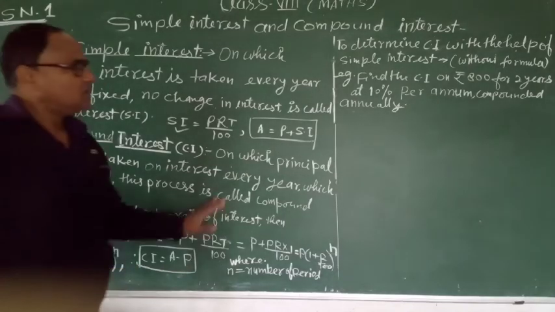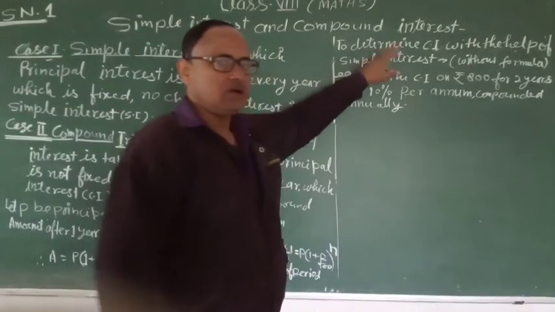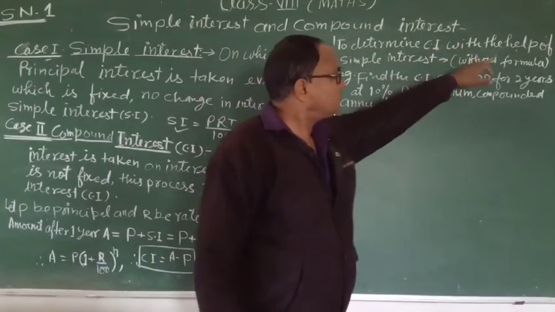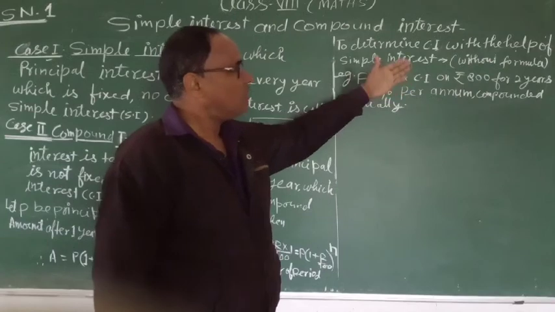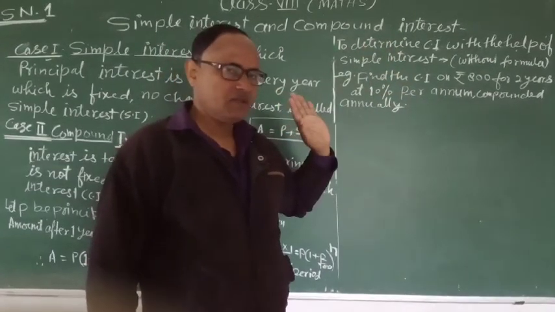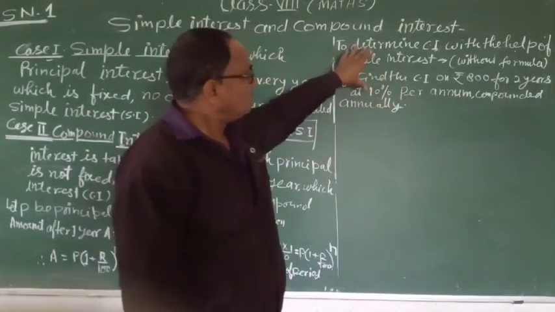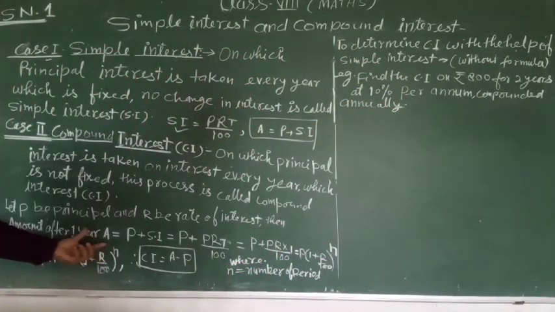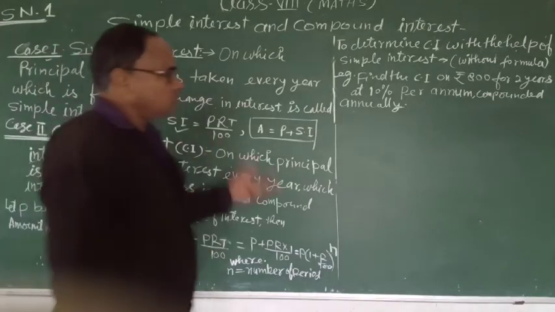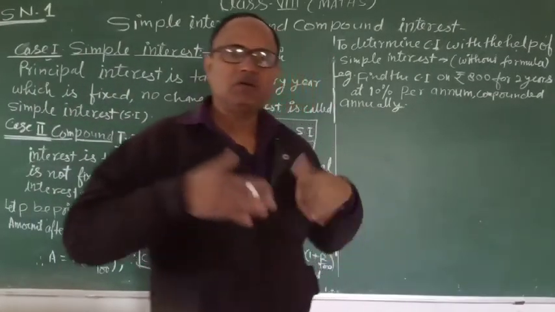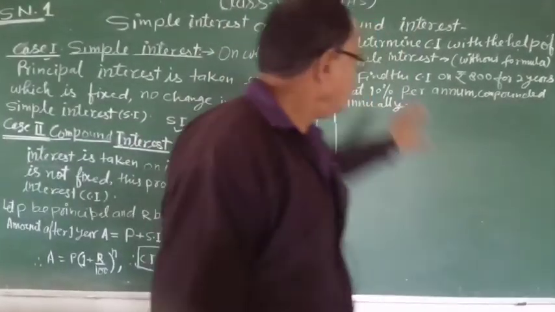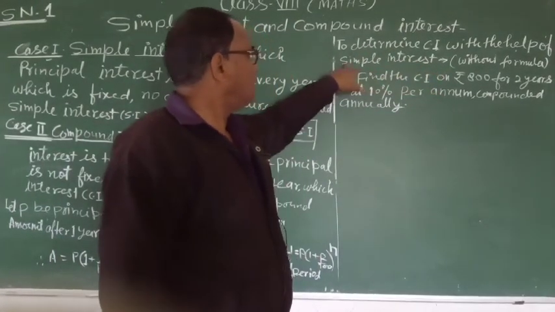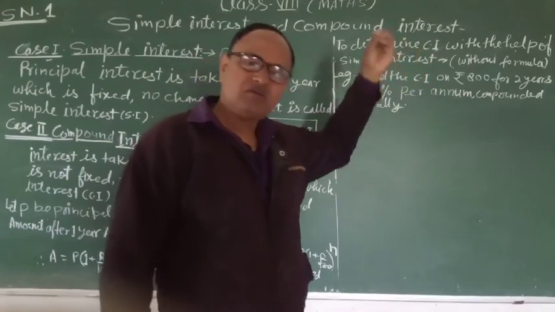Okay. Here I give you some examples to determine compound interest with the help of simple interest, or without the formula. We determine the compound interest by this formula and we also determine the compound interest without the formula.